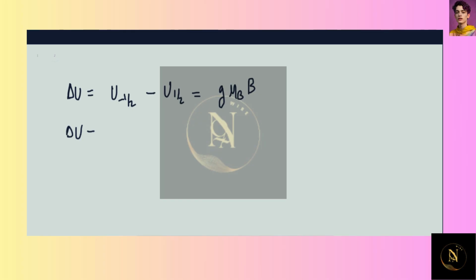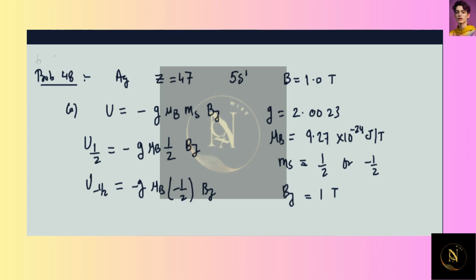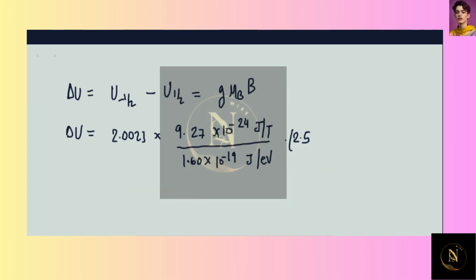So we plug in the values for g, which is 2.0023, times μB, which is 9.27 times 10 to the power minus 24 joules per Tesla, and we convert these joules to electron volts using the conversion 1.6 times 10 to the power minus 19 joules per electron volt, times the field in Tesla.